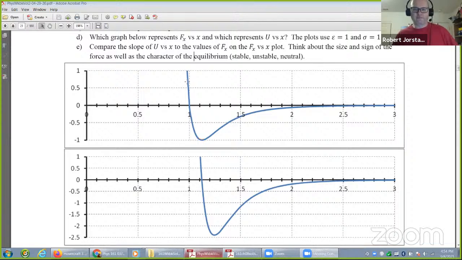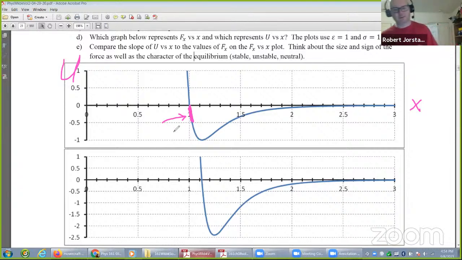What about right here? Is the force positive or negative right here? Remember, this is the U plot. We're looking at U versus X, and I just asked you about the force. Right here, I have a large negative slope on the U versus X graph. That implies the force is positive or negative or zero?